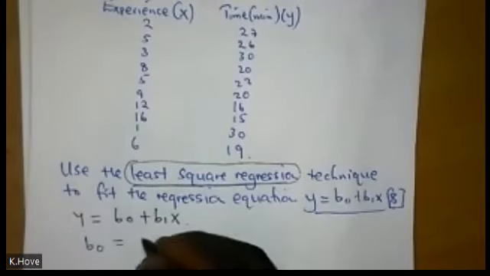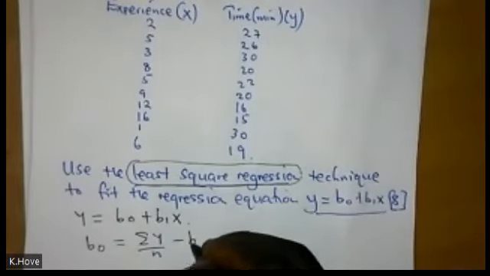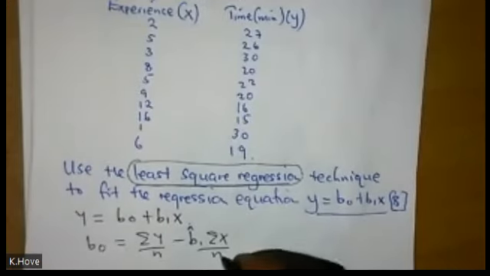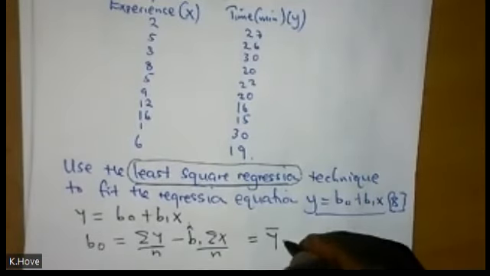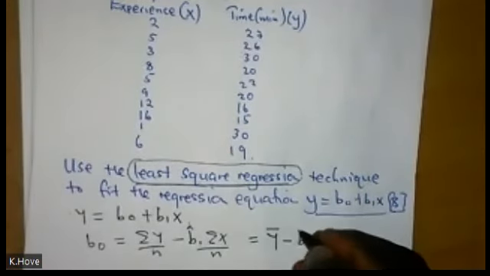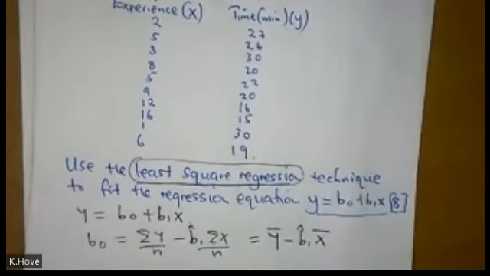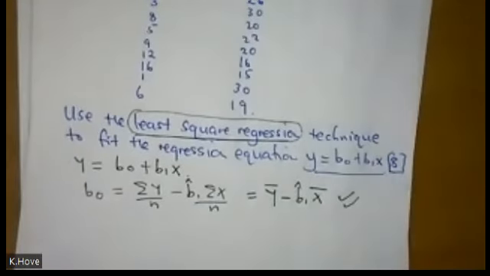Beta naught hat is equal to summation of y over n minus beta 1 hat times summation of x over n, which is the same as y bar minus beta 1 hat x bar. You will see this formula is normally provided for you, so you don't need to memorize.